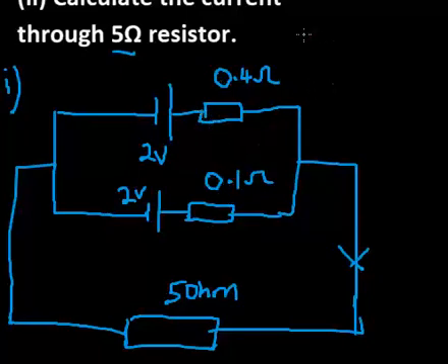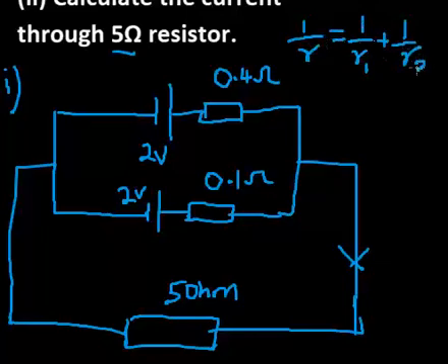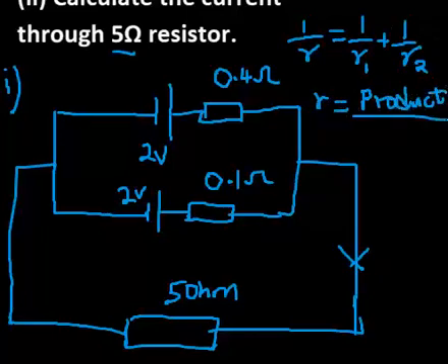In parallel connection for resistance, the total resistance is 1 over r1 plus 1 over r2. There are two of them, and as I told you when we treated capacitors, you can use a shortcut. Since they are just two, you take the product of the two divided by the sum.